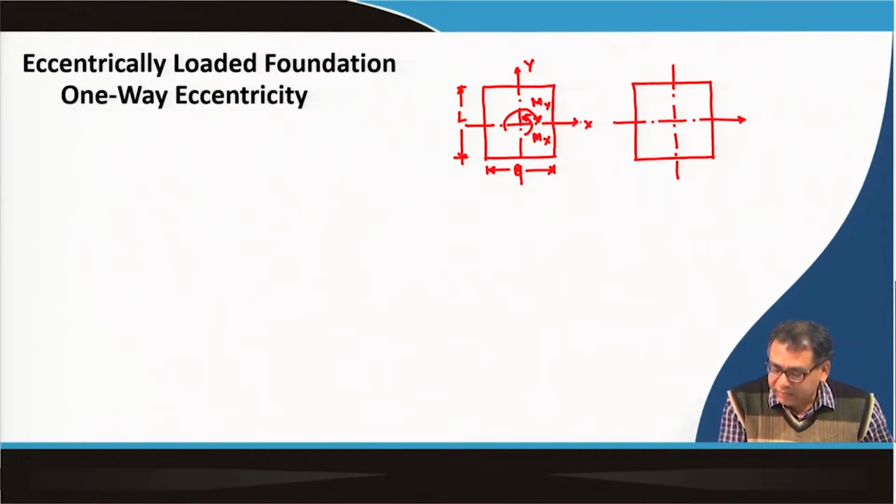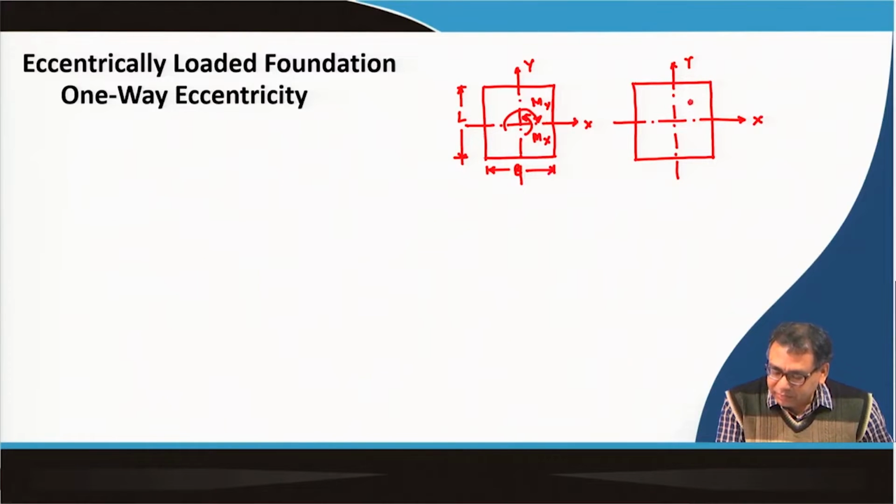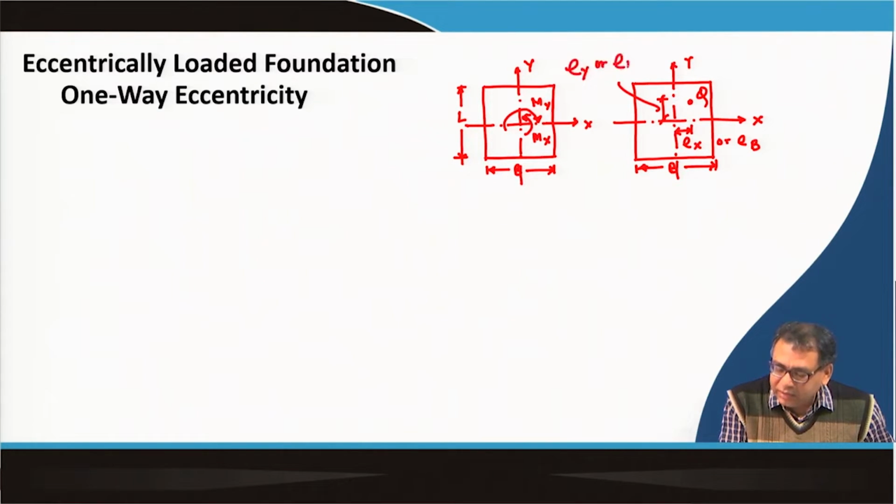Suppose this is x, as I mentioned, and this is y. Because both M x and M y are present, Q will act at this position with a distance E x, or sometimes we can write E b because it is in the width direction, and this one is E y or E l because it is in the length direction.